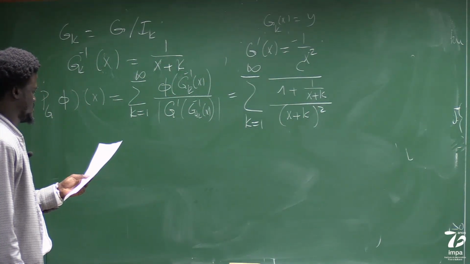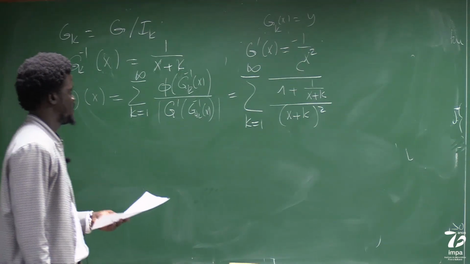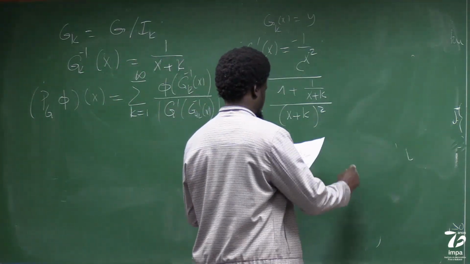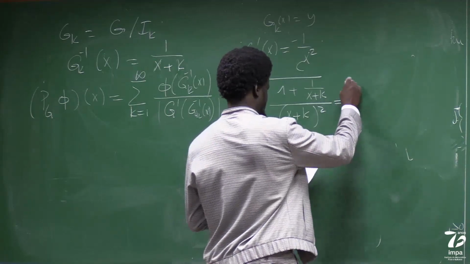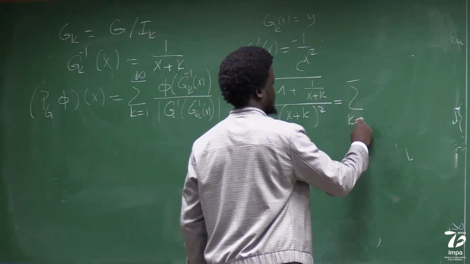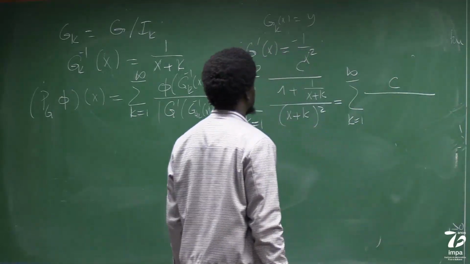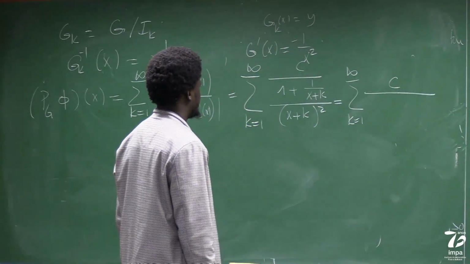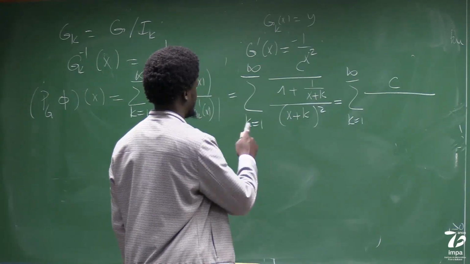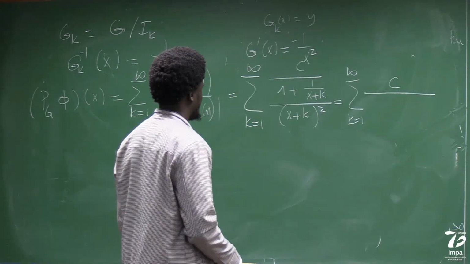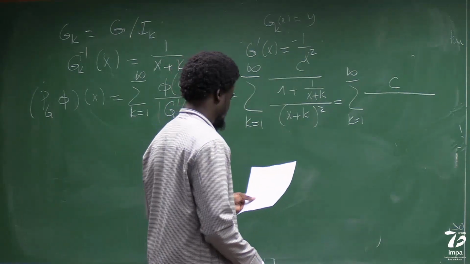So this is C over, if you do this, x plus k plus 1.